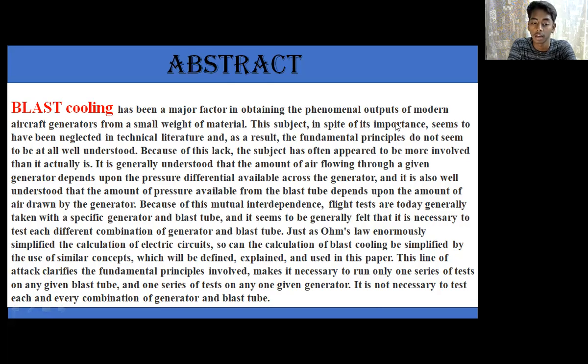This line of attack clarifies the fundamental principles involved and makes it necessary to run only one series of tests on any given blast tube and one series of tests on any given generator. It is not necessary to test each and every combination of generator and blast tube. So, going to the next slide.